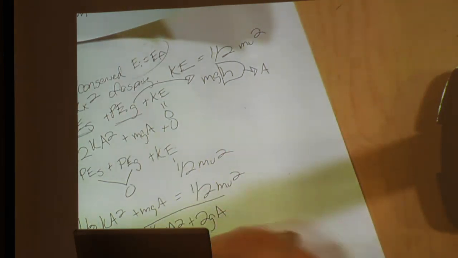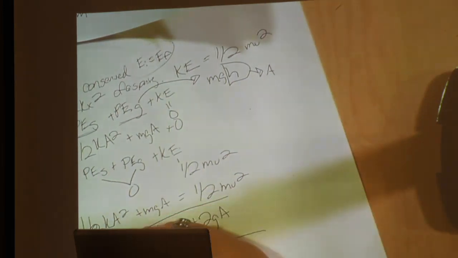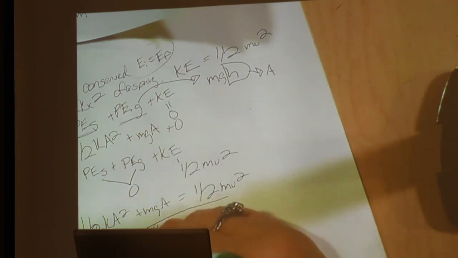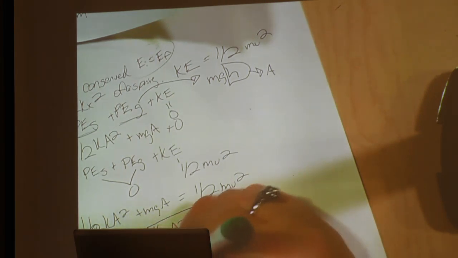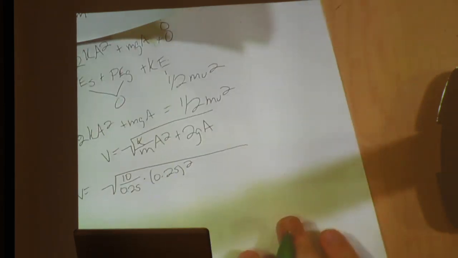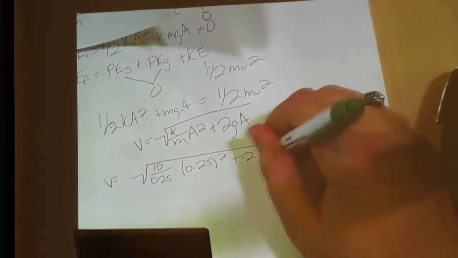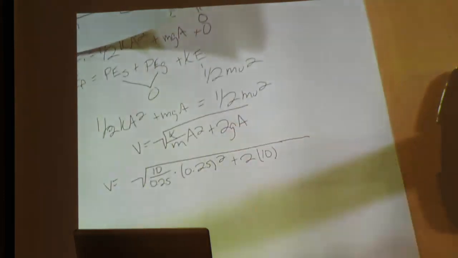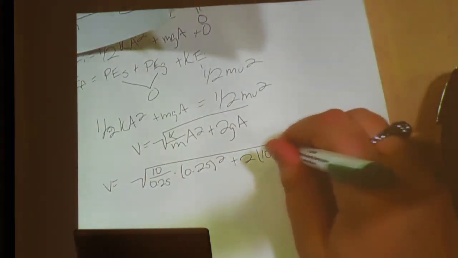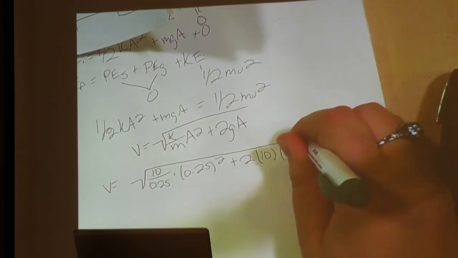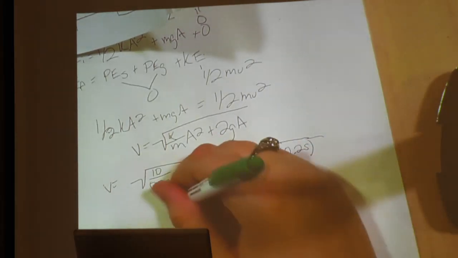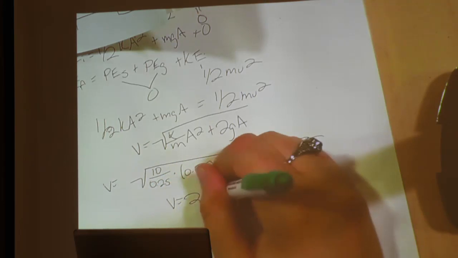Then you plug in numbers: velocity equals the square root of 10 over 0.25 times 0.25 squared plus 2 times 10, using gravity as 10 instead of 9.8, times 0.25 for the amplitude. You should get a final velocity of 2.74 meters per second.